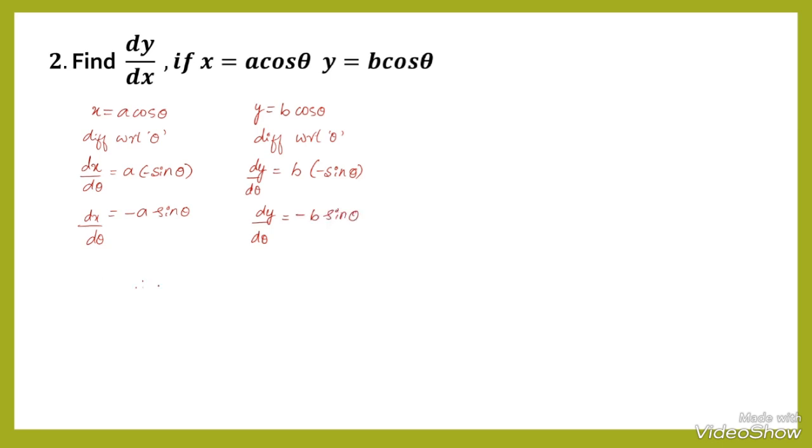Therefore, dy by dx is equal to dy by d theta whole divided by dx by d theta. Now we can substitute the values. It becomes minus b sin theta whole divided by minus a into sin theta. Here minus get cancelled, sin theta get cancelled. We have b by a. Therefore, dy by dx is equal to b by a.